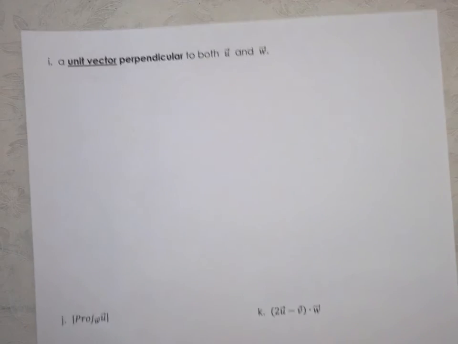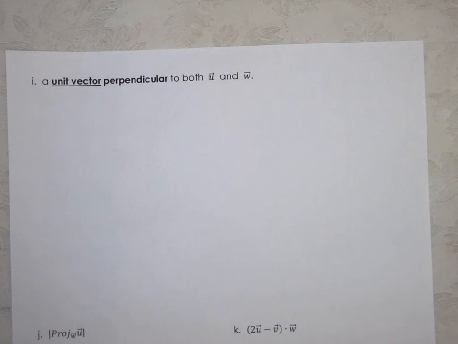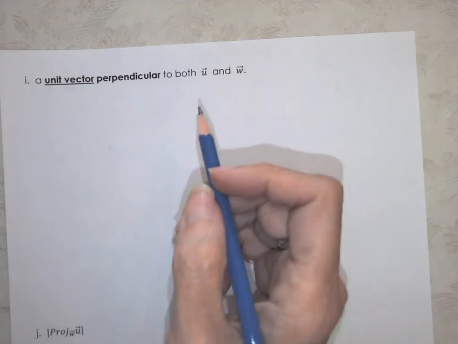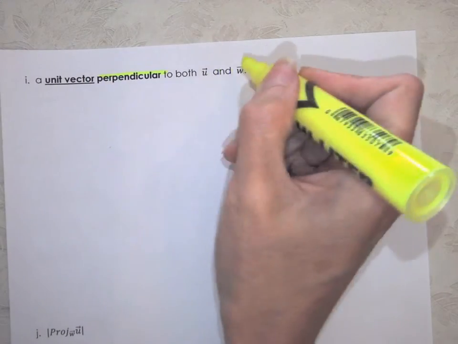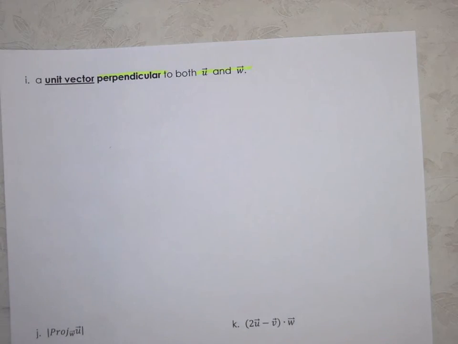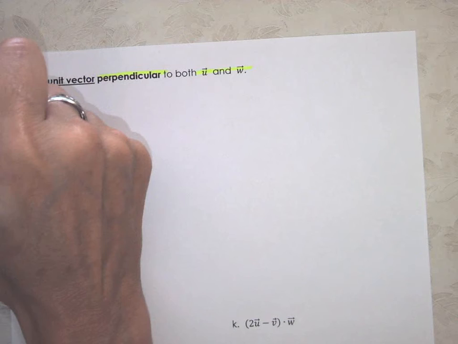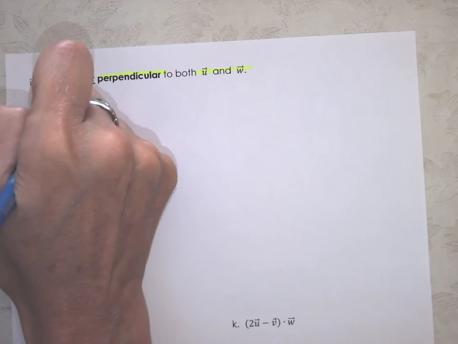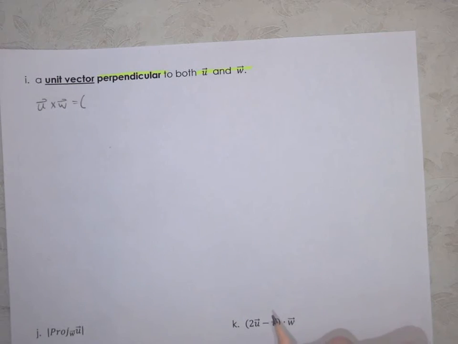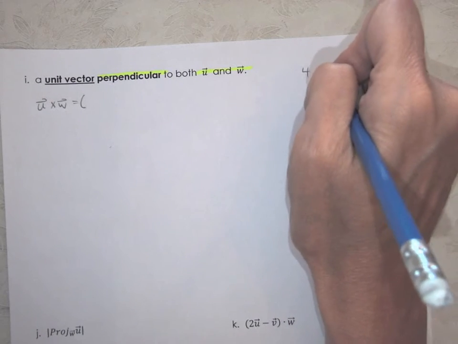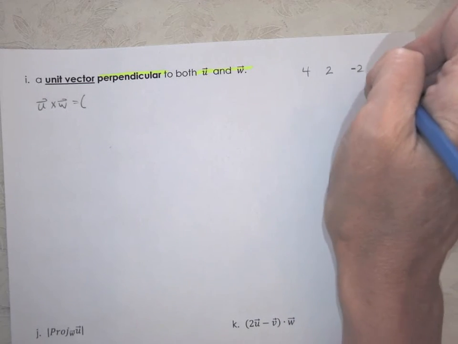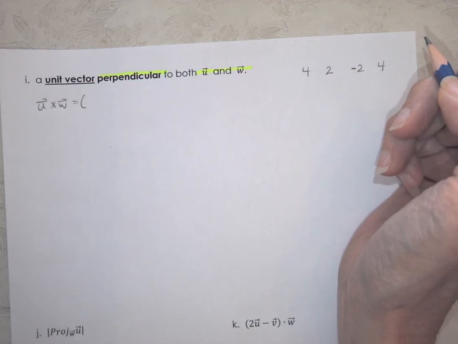Then we want a unit vector perpendicular to both vector u and w. So first of all, just to find a vector perpendicular to u and w, that's the definition of the cross product. So first we're going to find u cross w. So I'm going to write out my vector u, 4, 2, negative 2, repeat the 4, and vector w.